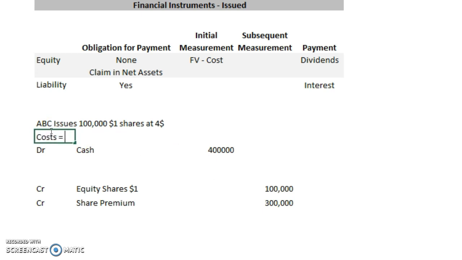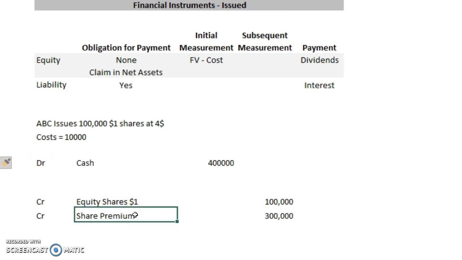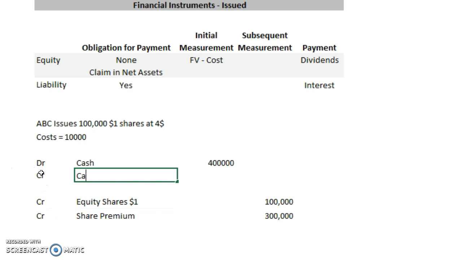Costs equals, call it £10,000. So let's do a double entry for the costs. We're going to have to credit cash to pay the costs. So we're going to remove 10,000 off cash.